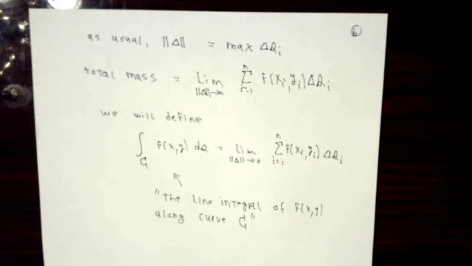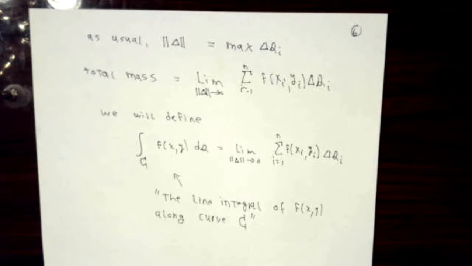So it comes as no surprise that we're going to make up a name for this limit. We're going to call it an integral of some type. This time, though, I'm not integrating along the x-axis or with respect to area in the plane or anything. I'm integrating with respect to arc length along the curve.